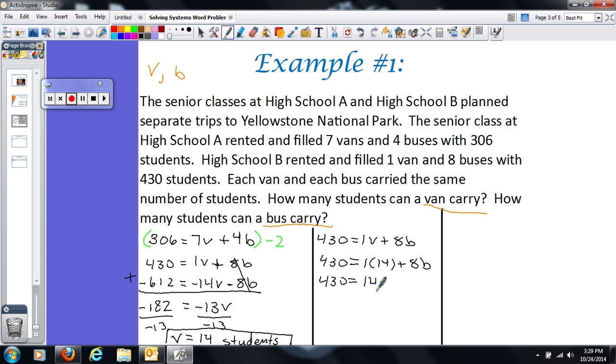So that's going to be 14 plus 8b. Subtract 14 from both sides. I get 416 equals 8b. Divide by 8. And I get that b is 416 divided by 8, which is 52.